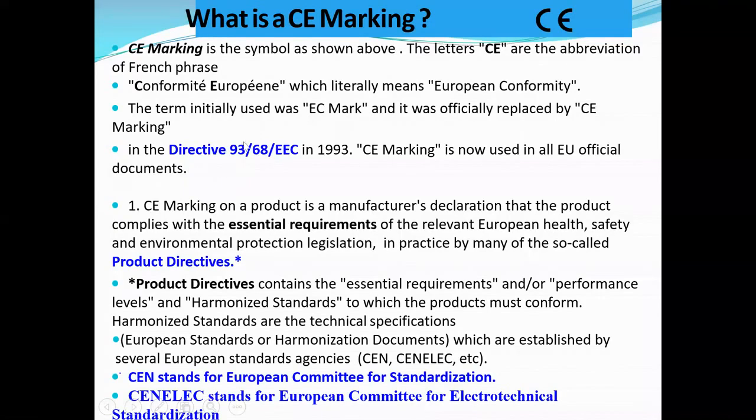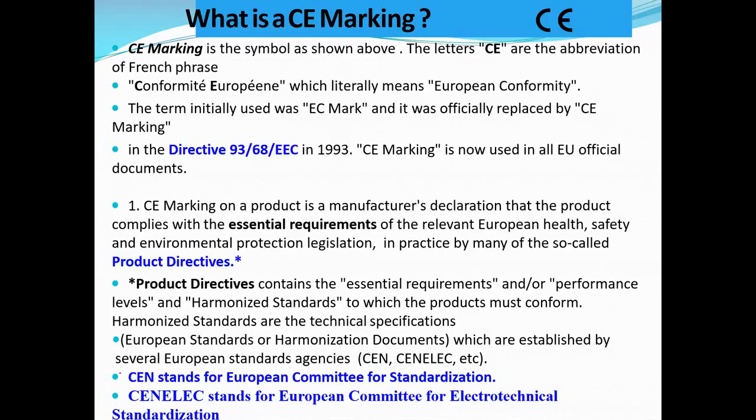So for CE, they use the 93/68/EEC directives, in which the product should comply with the essential requirements of the relevant European health, safety and environmental protection legislation. Product directives contain the essential requirements and or performance levels and harmonized standards to which the products must conform.